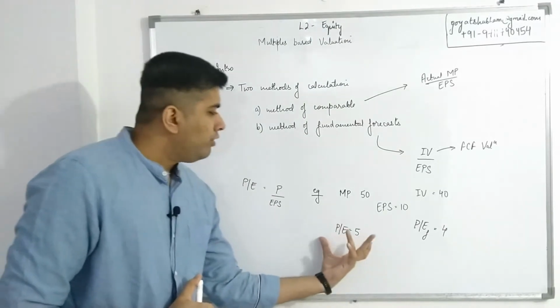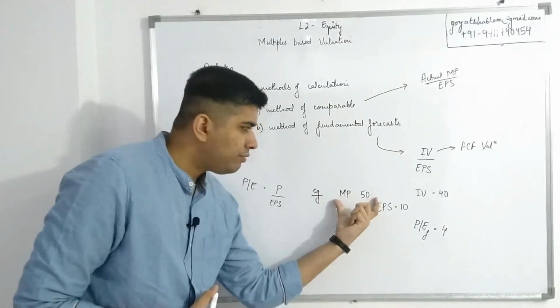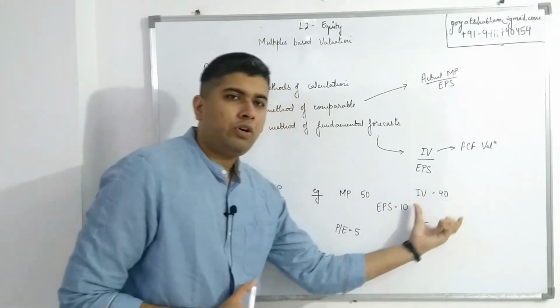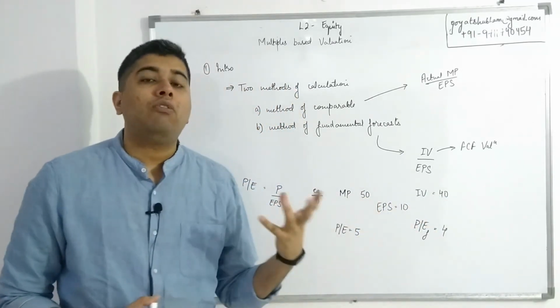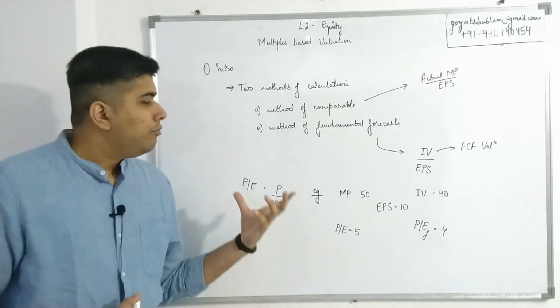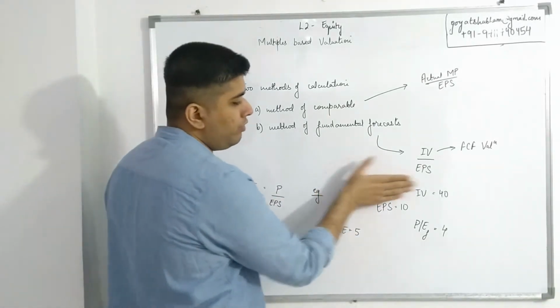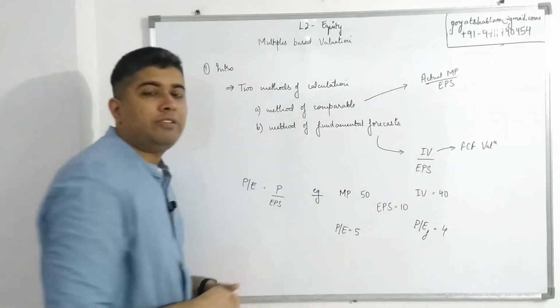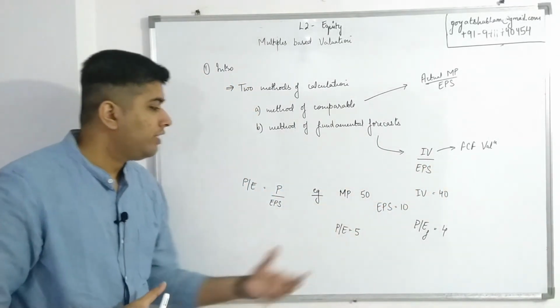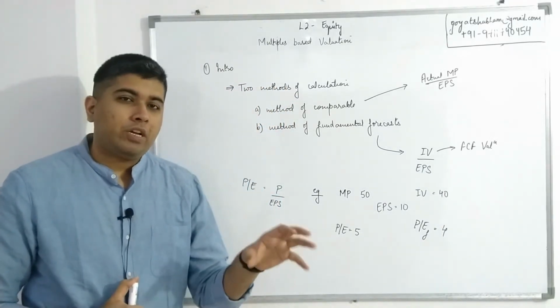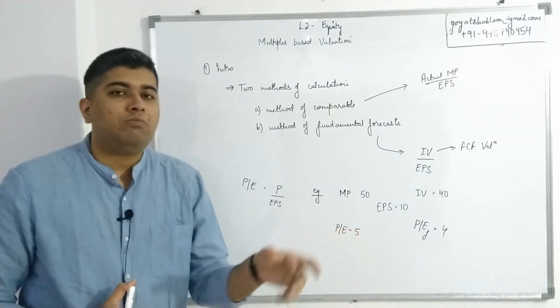Now, if you look carefully, if I have this market price given, I can directly see that the intrinsic value is 40, market price is 50, the share is overvalued, you should sell. But it is possible in exam that you don't get this information about intrinsic value and market price. In fact, the question can just give you these two values and then have you decide whether the company's share is overvalued or undervalued.